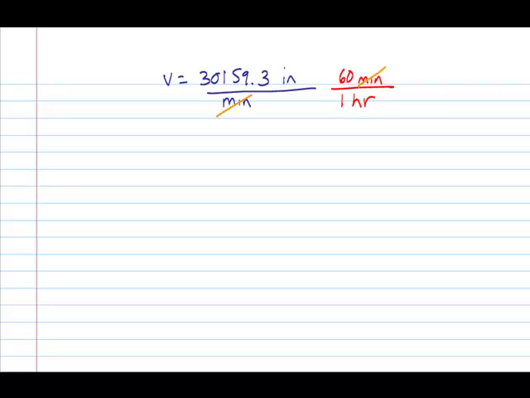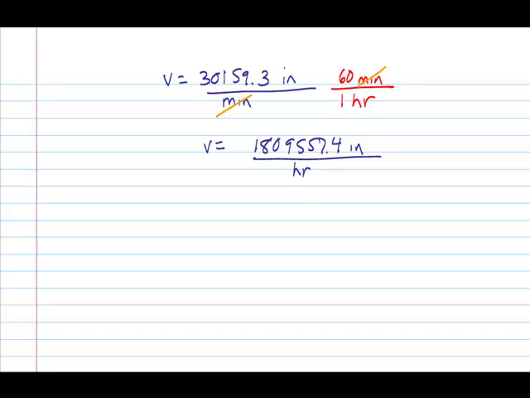So when we do this, we get the velocity equals 30,159 3/10 times 60. It's going to be in inches per hour. We actually do that on our calculator. We get something enormous. However, it is just temporary. Inches per hour.